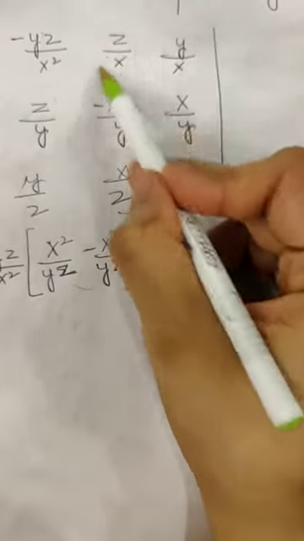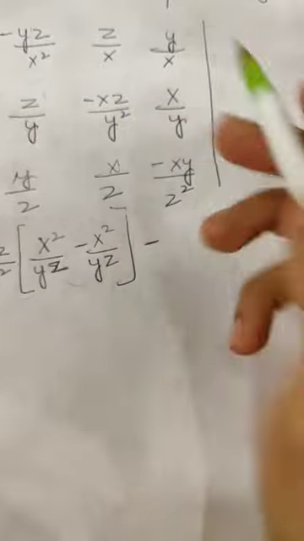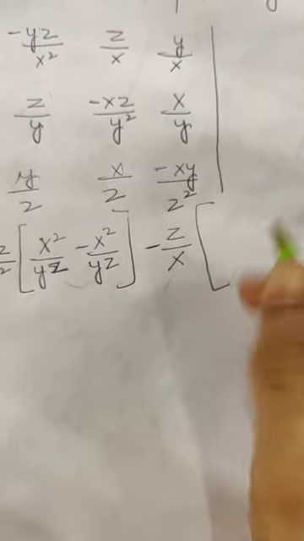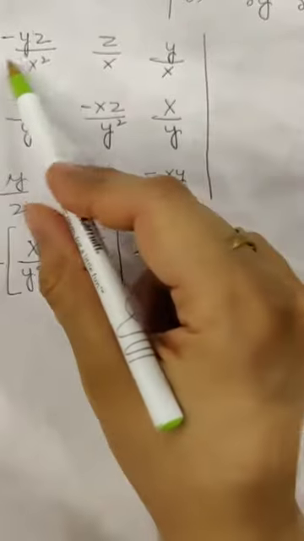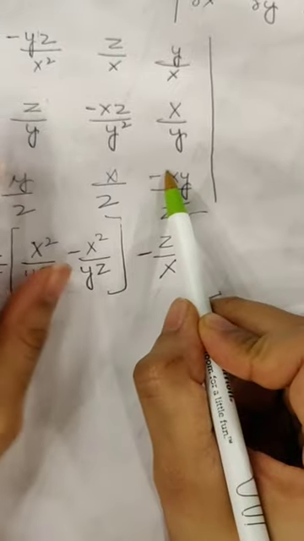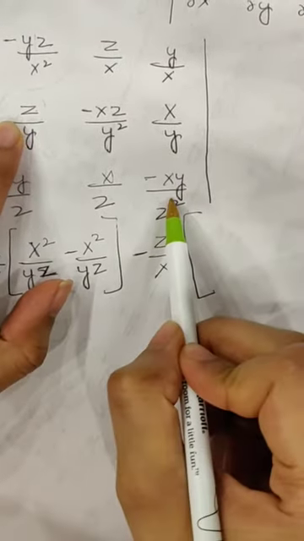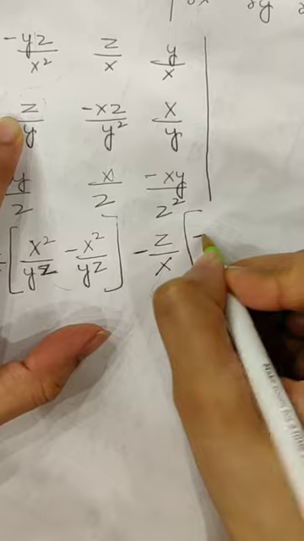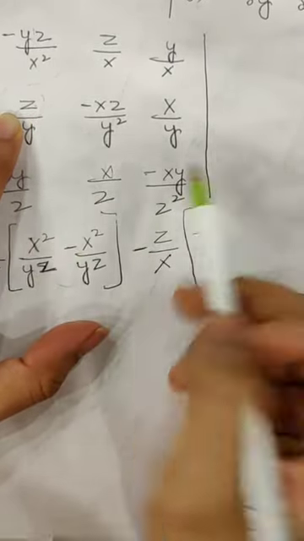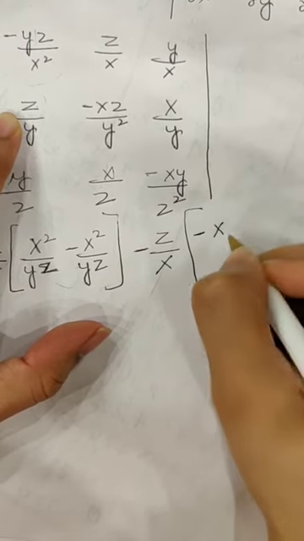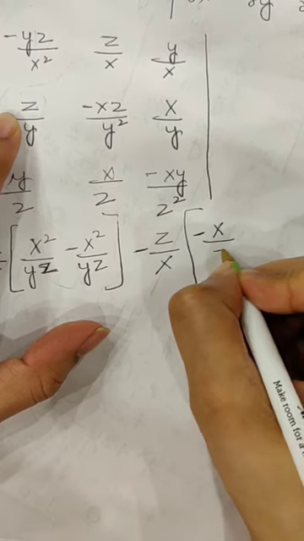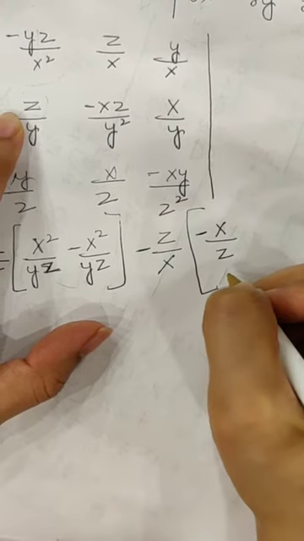Minus the second term, which is z by x, and now cancelling its row and column, this term into this term. When you multiply, z gets cancelled, one y gets cancelled, so basically this becomes x upon z.